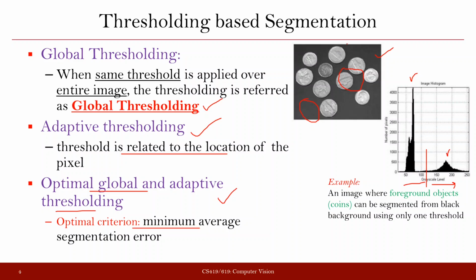When we say that two pixels belong to the same segment, we are not bothered whether they are adjacent to each other or not. For example, here we have two segments, foreground and background. When we say that this particular pixel and this particular pixel belong to the same segment, we are not checking whether they are really connected or not, because in segmentation we also want a connected region. In this case, when two pixels are put in the same group, they may be connected and they may not be connected, right?